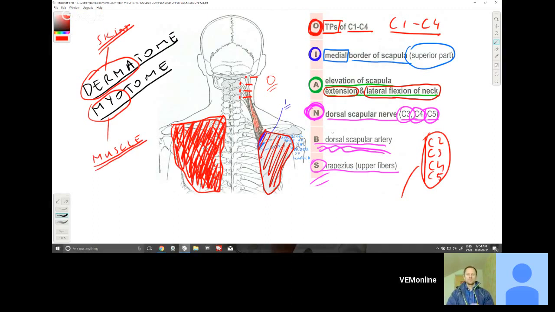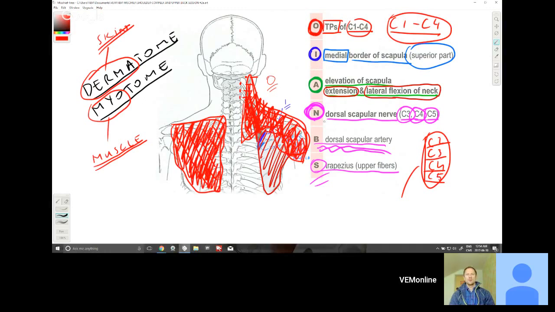For example, the same nerve roots, C1 to C4, are going to innervate levator scapula, upper trapezius, deltoid, and so on and so forth. So that's a myotome: these muscles are innervated by these particular nerve roots. That's just an example.